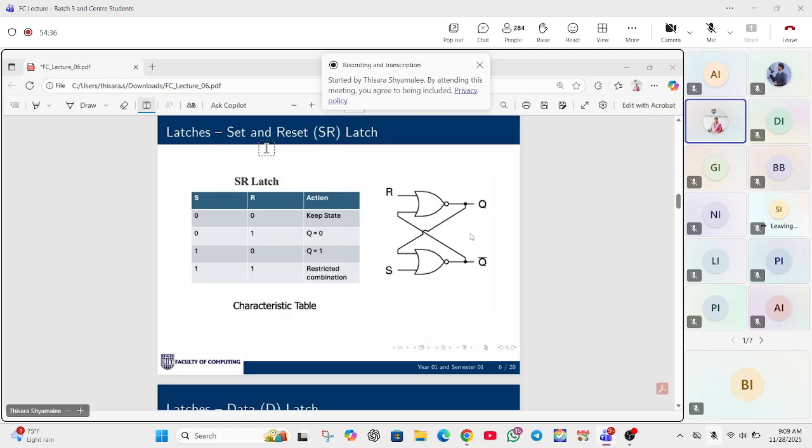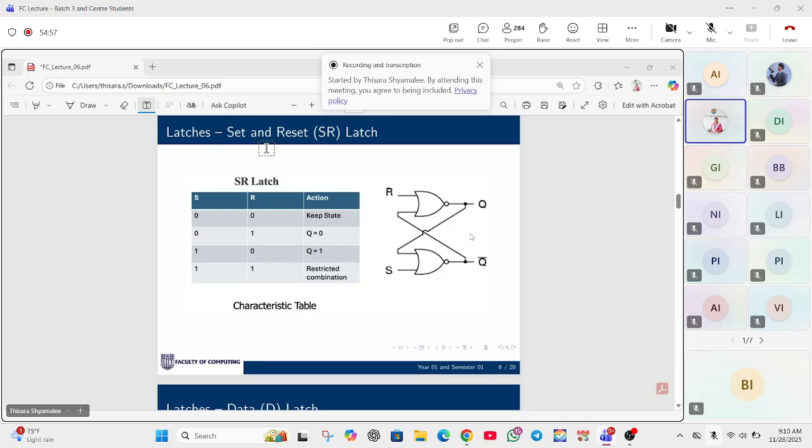Normally the purpose of using latches is to store a single bit of data, whether it is the SR latch, the D latch, or the T latch. All the latches store the same thing, that means a single bit of data.